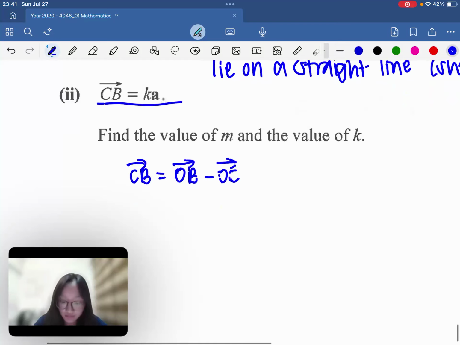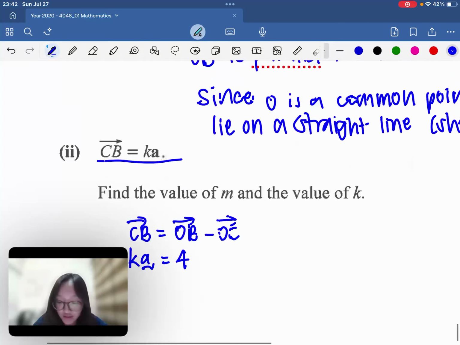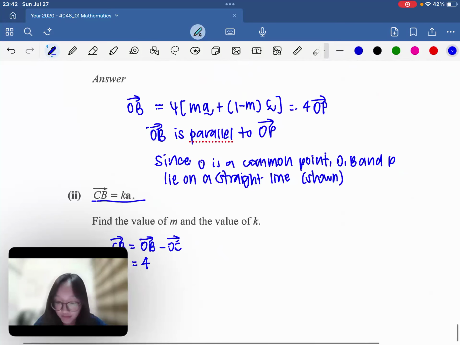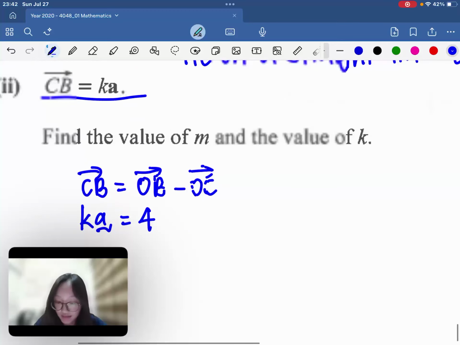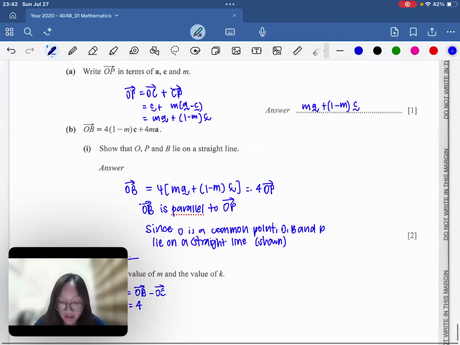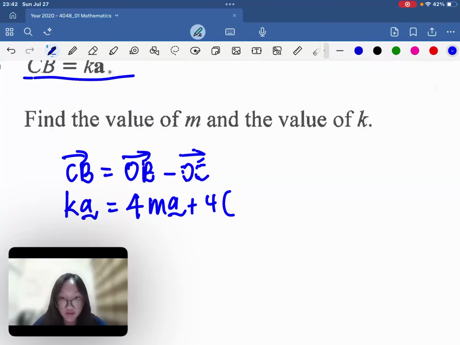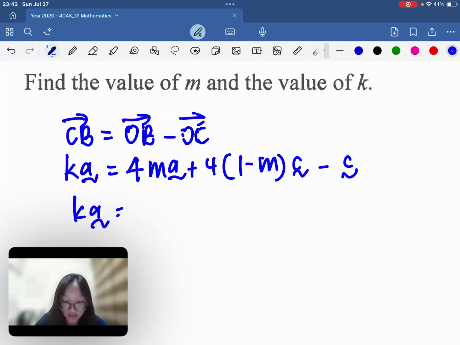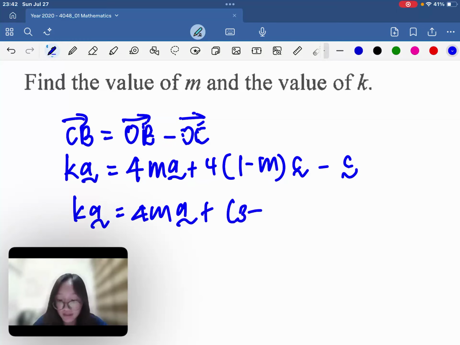So this would be KA equals to 4MA plus 4(1 minus M)C minus C, because it's OC. All these are found above already, in part B part 1. Simplified, KA equals 4MA plus (3 minus 4M)C.